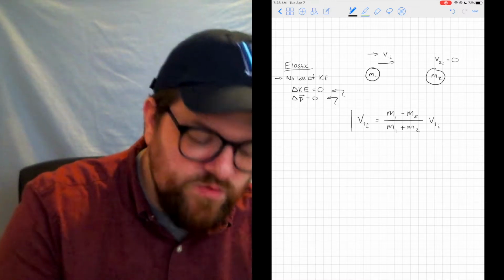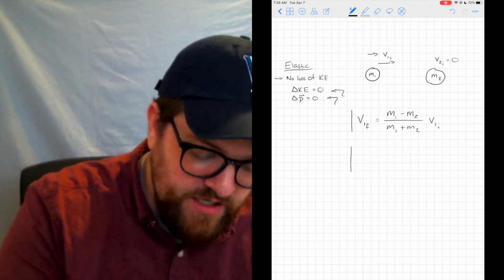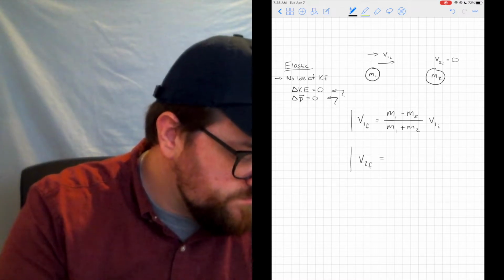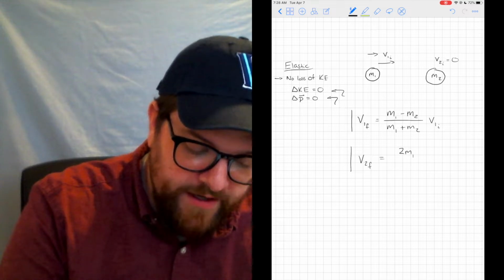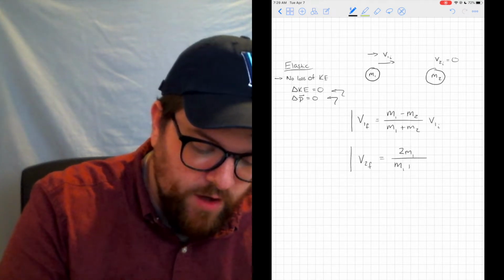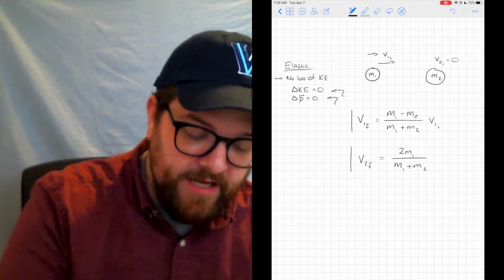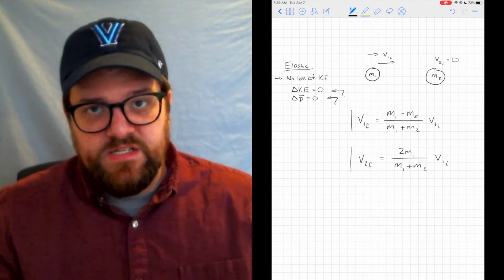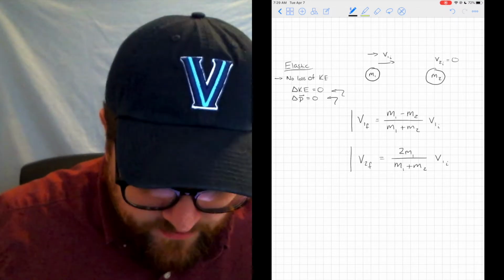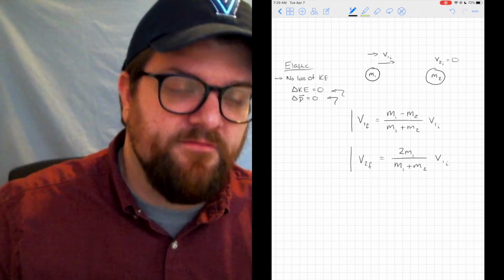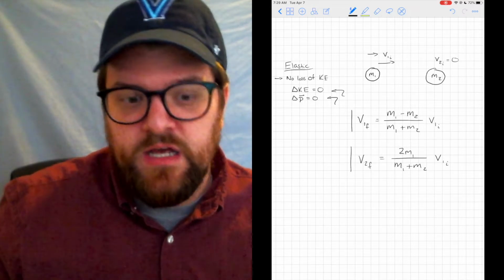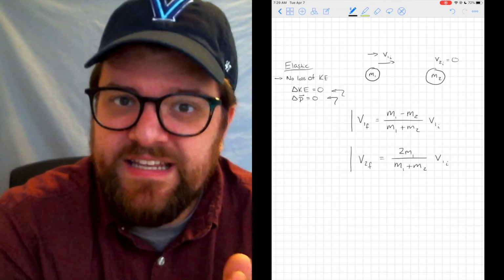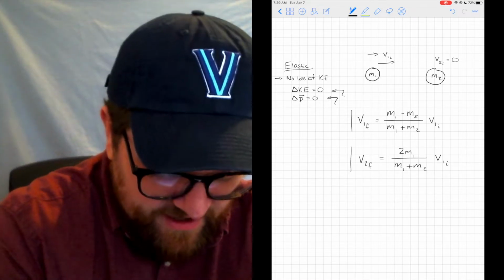But this is one of our expressions. The other expression is V2F, which is equal to 2M1 over the sum of M1 plus M2, times V1I. So these are two really condensed and really useful expressions to find the final velocities of the objects in play.